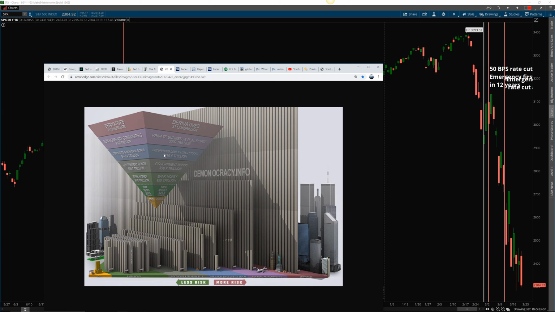Inside of that, there is securitized debt and stocks, which is $116 trillion. Government bonds, $56 trillion. The bank money, how much money banks have, $50 trillion, and then the monetary base, $28 trillion, and then at the bottom is precious metals.